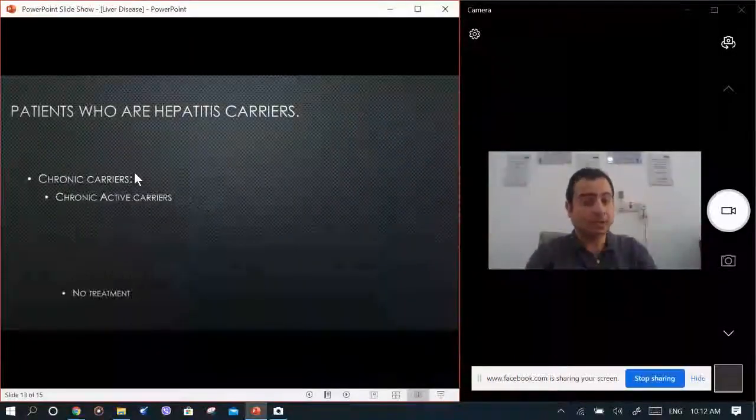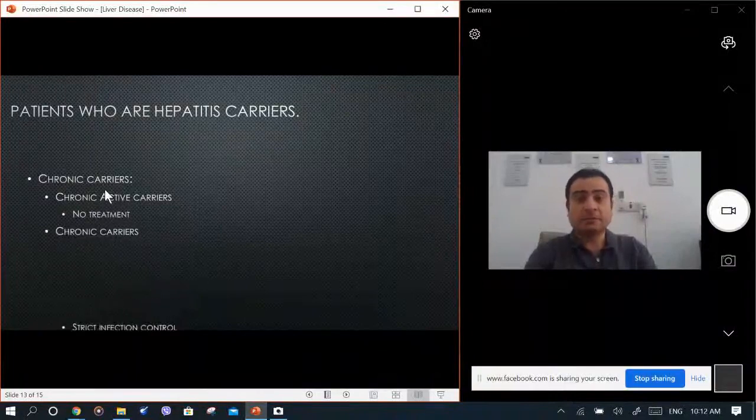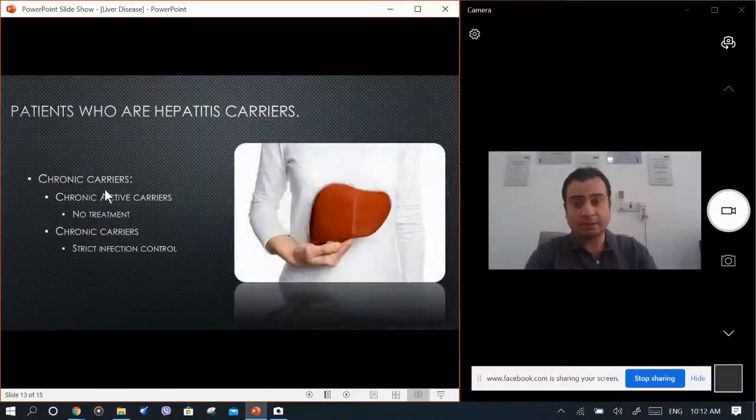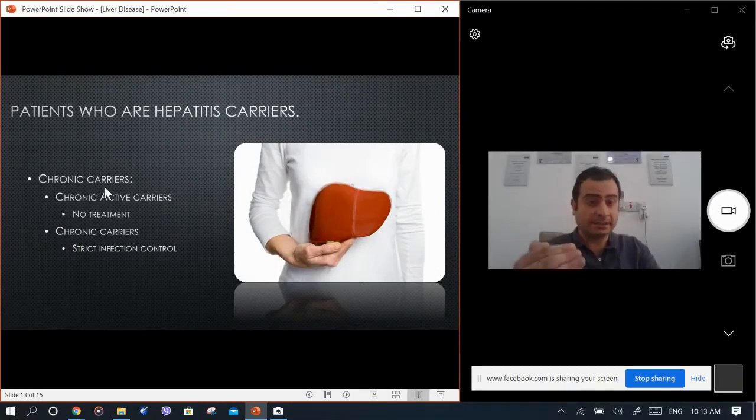Patients who are hepatitis carriers. Patients who are carriers for hepatitis can be either an active carrier, which means they have the disease and have an active presentation of it. Having an active presentation means the liver is not functioning normally. So no treatment can be delivered for those patients.